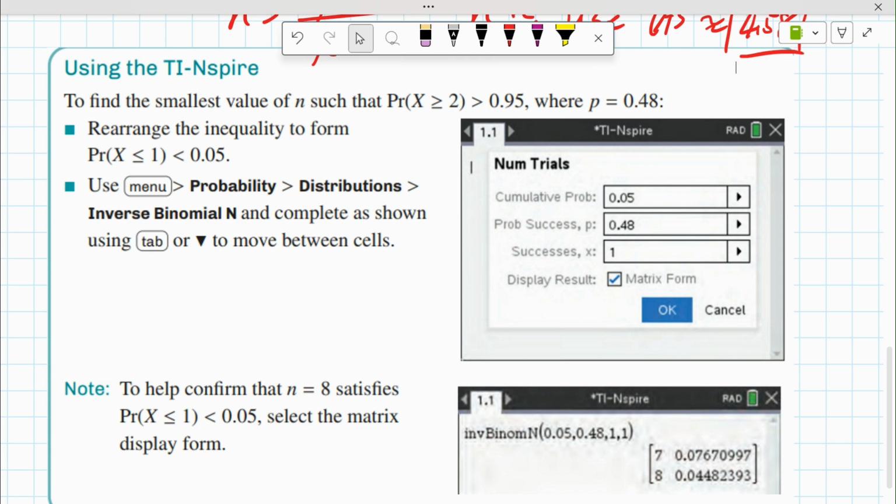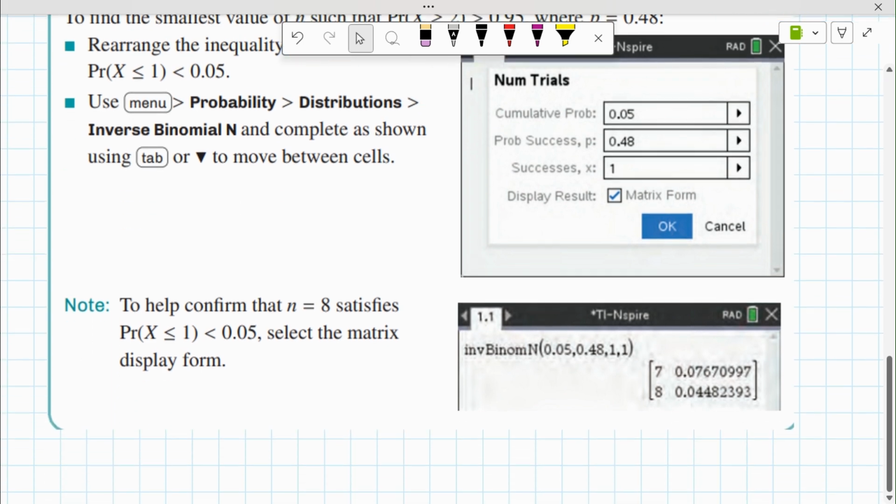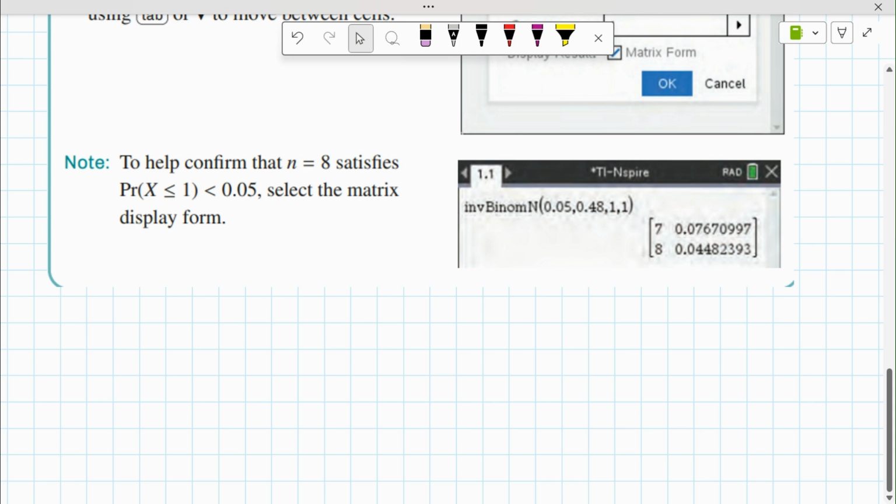I will show you how we do it step by step with this question, and also how to find the inverse binomial. Now you can understand how we're gonna do this question.